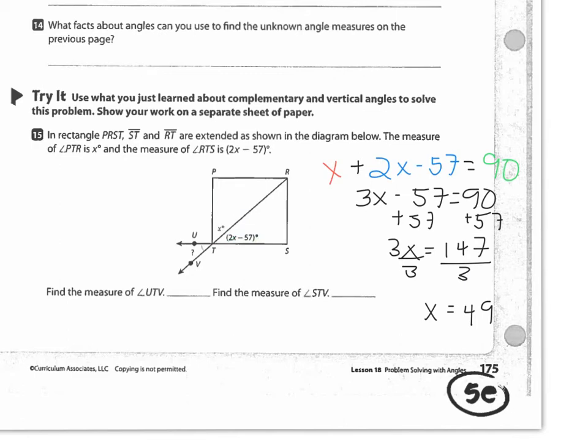Angle PTR, whose measure is just x, is going to be 49 degrees. Angle RTS, which is 2x minus 57, we're going to plug in 49 for x: 2 times 49 minus 57, which gives us 41 degrees. So RTS is 41 degrees.